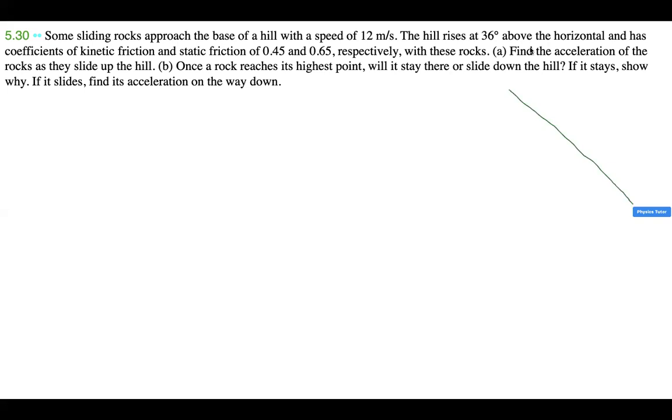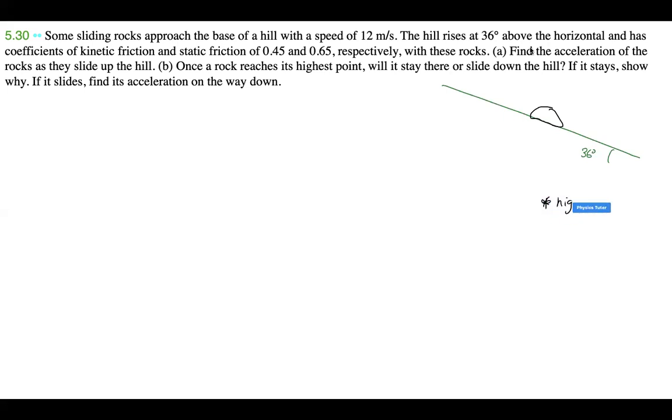Okay, let's say that this is the diagram. So this is 36 degrees, that's the slope of the hill. Then we have some rock, right? And let's say that this is the highest point, so we're just going to make an assumption.